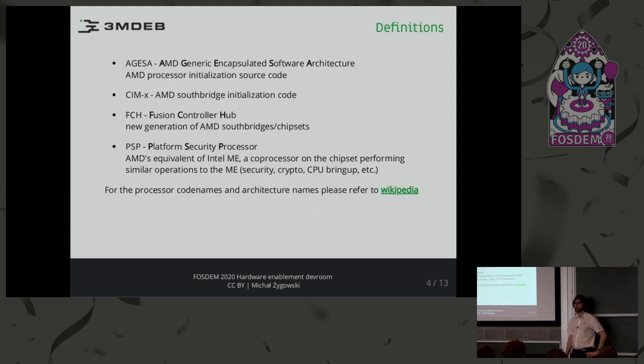A few terms you need to know to keep up with the presentation. The first term is AGESA. It's the AMD Generic Encapsulated Software Architecture, which is a bunch of code or a blob, depending, responsible mainly for silicon initialization. There is also CIMX.